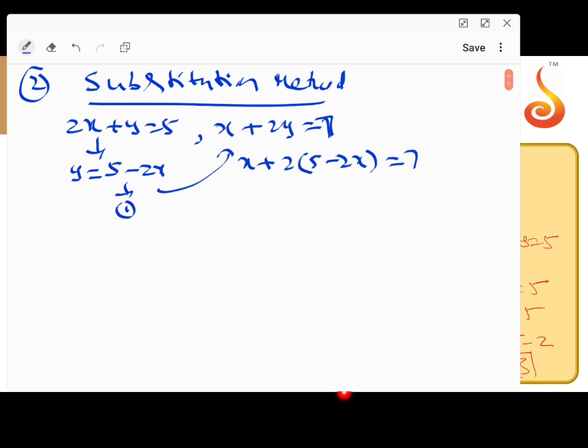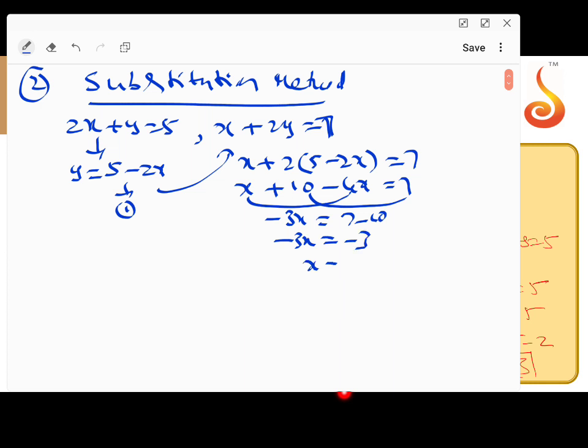That is called the substitution method. Simplify the equation. So 10 minus 4x equal to 7. Grouping the terms, x minus 4x is minus 3x, and shift plus 10 to that side, 7 minus 10. So minus 3x equal to minus 3, x equal to minus 3 divided by minus 3, that gives 1. So you got the x value 1.